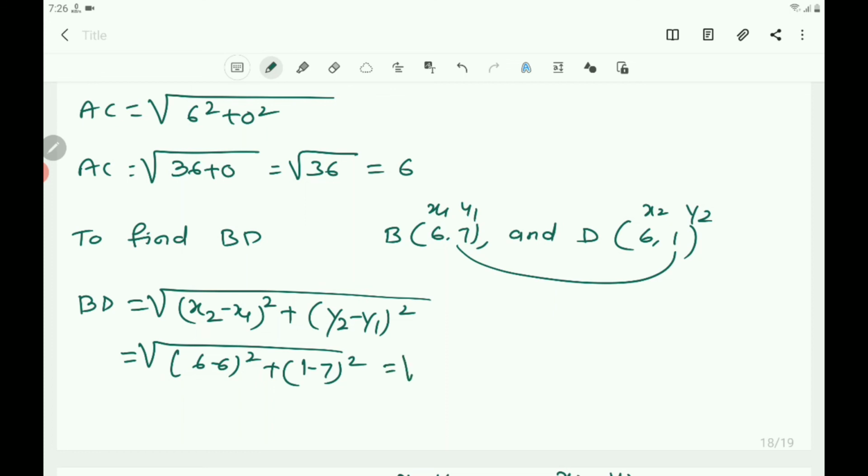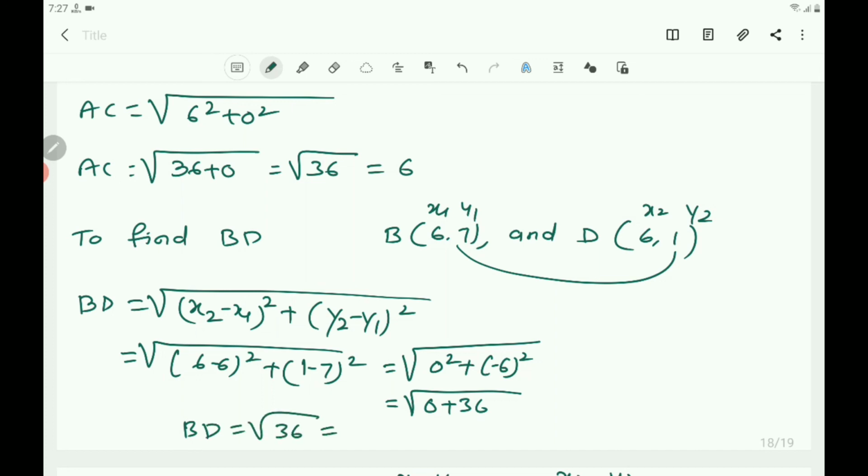That equals root of 0 square plus minus 6 whole square, equals 0 plus 36. You got BD equals root 36, which equals 6.